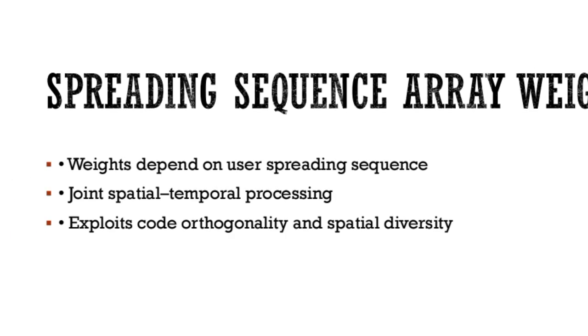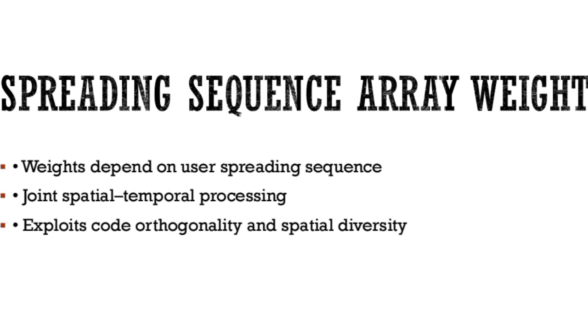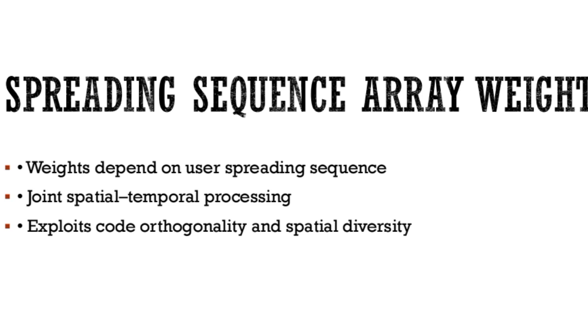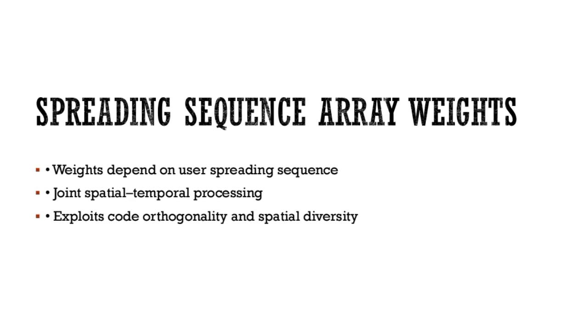The weight depends upon the user spreading sequence. To generate it, we have to use joint spatial temporal processing and also exploit code orthogonality and spatial diversity. You need to do this to find the spreading sequence array weight.